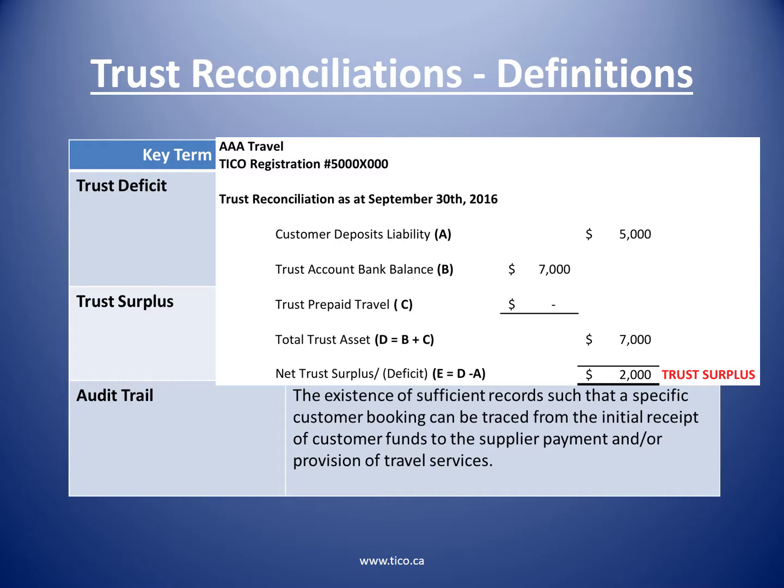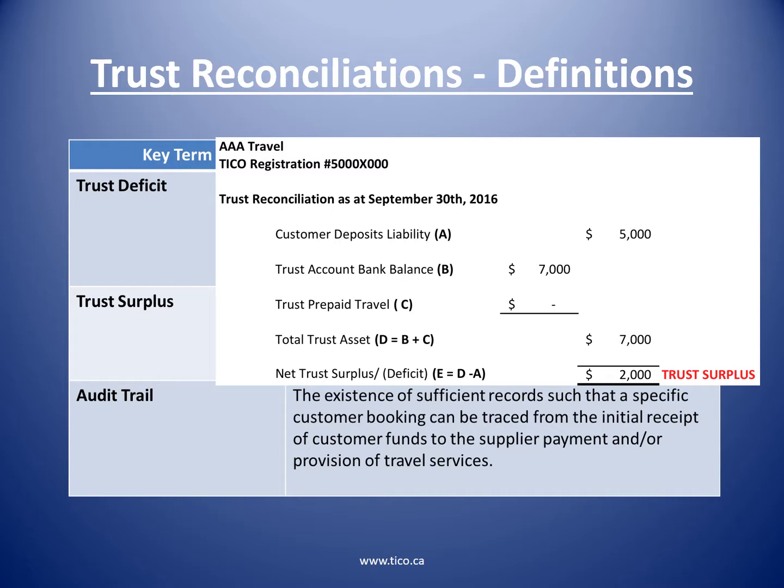In this case, our registrant has a customer deposits liability balance of $5,000 as at September 30th, 2016. When we compare that to our total trust asset balance of $7,000, we note that there is a trust surplus of $2,000.